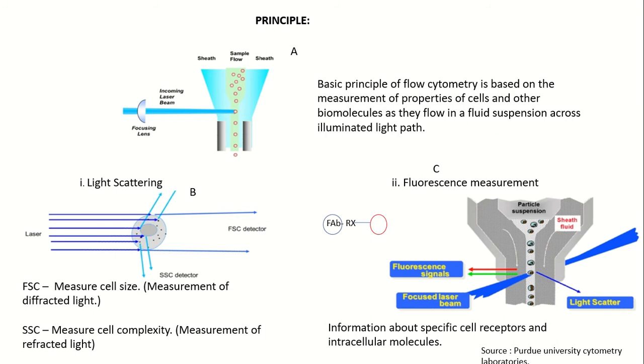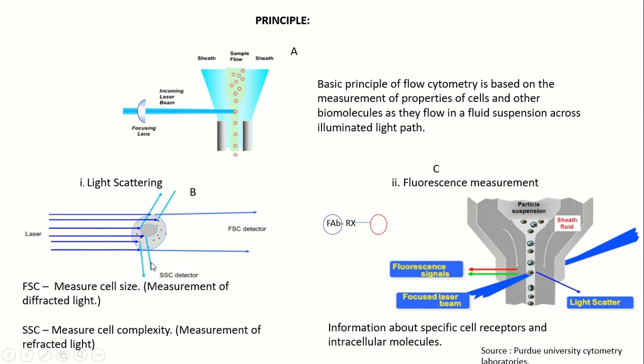Next is side scattering. At about 90 degrees with respect to the original direction of the laser light, there is scattering, and that scattering is due to granules present inside the cell.